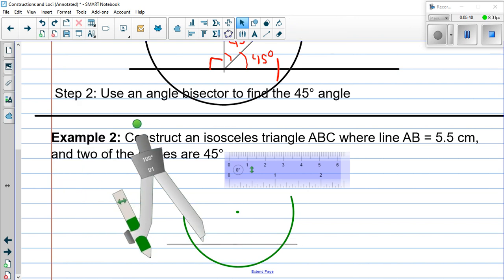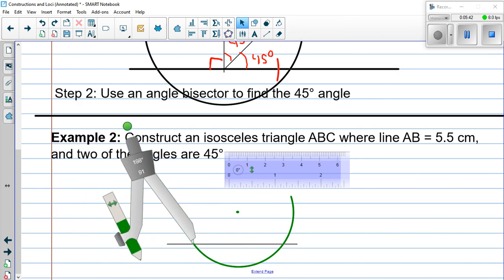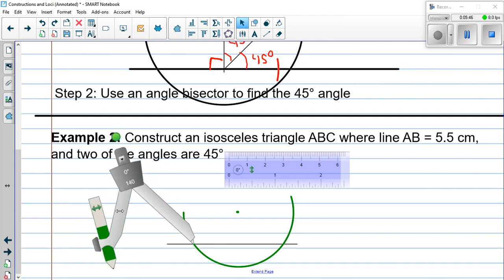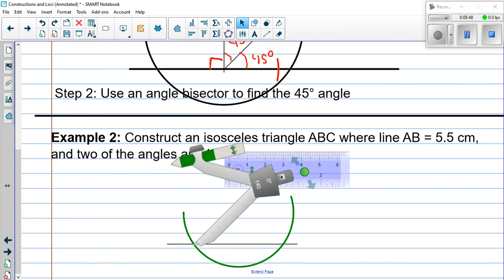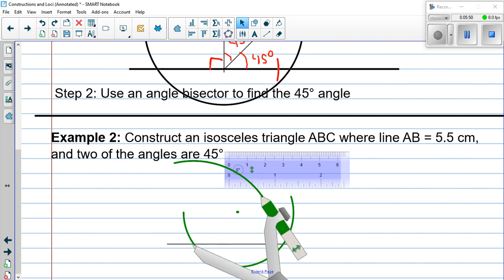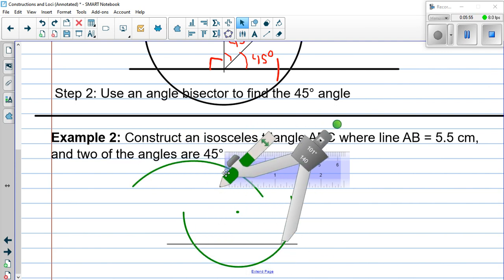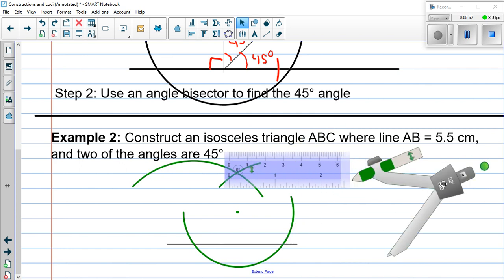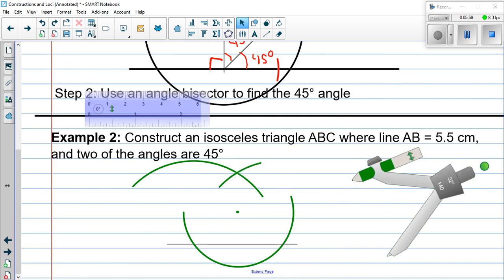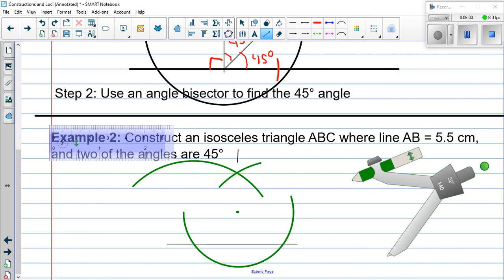Now, what do we have to do? Well, we put it back on where it crossed. We're going to extend it more, and then we're going to make our intersection marks. Right, so there's one, place it on the other side, and draw our other one. Putting our ruler to the side for a second, and just connecting our lines together.